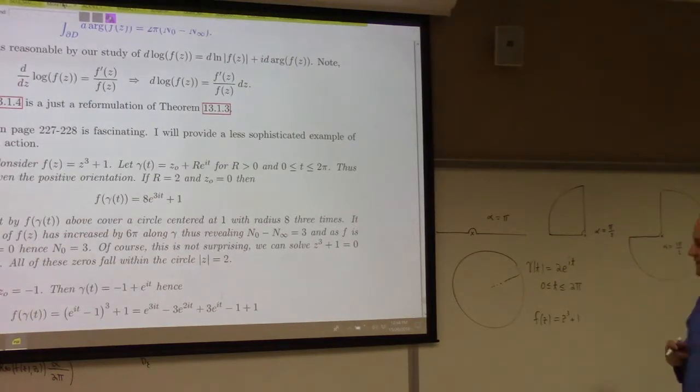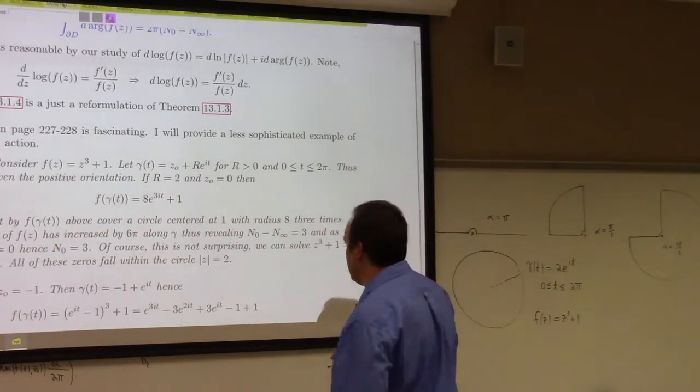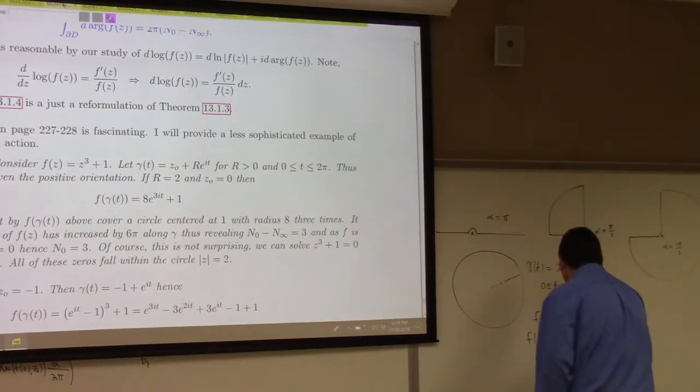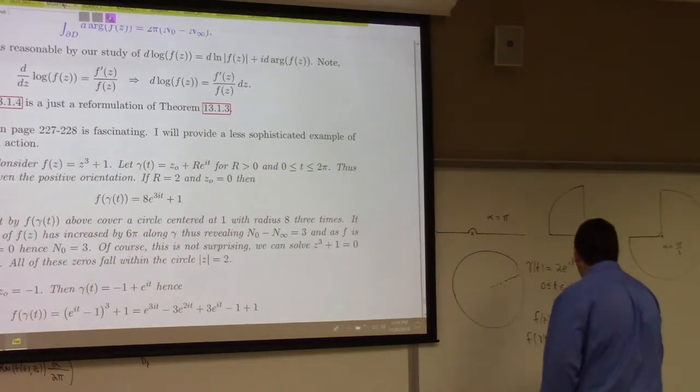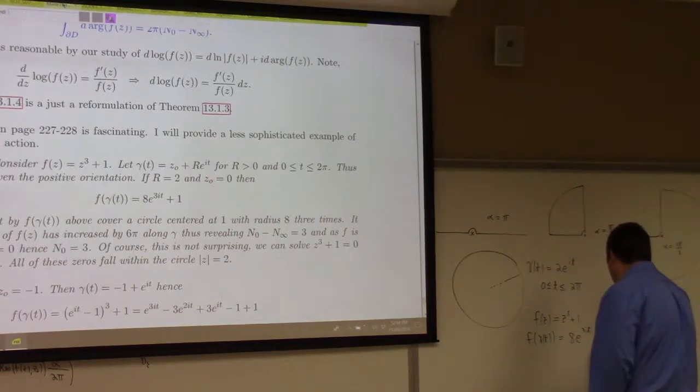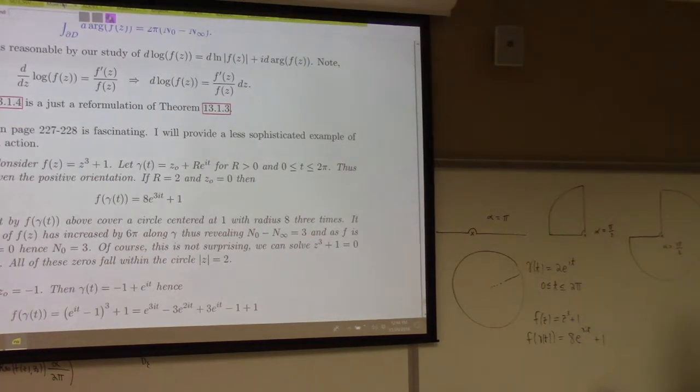So what I point out here is that if you look at f of gamma of t, what do you get? We get 8 e to the 3it, yeah? Plus 1. What can you say about the change in the argument of that as t cycles from 0 to 2 pi?